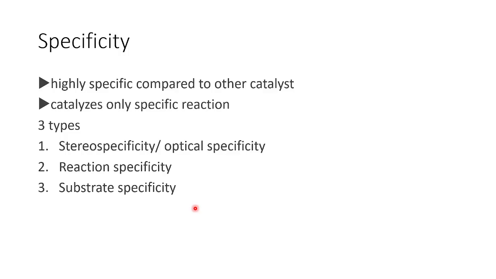It can be stereospecific, optical specificity, reaction specificity, substrate specificity, but it should be specific. Like it can maybe catalyze an L isomer, not a D isomer. Maybe it can catalyze the breaking of a water molecule, but not the breaking of an ammonia molecule, right? So things like that.